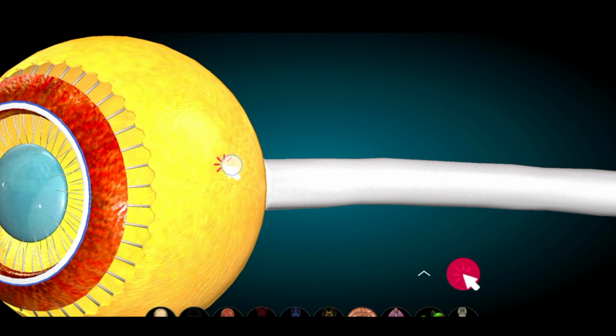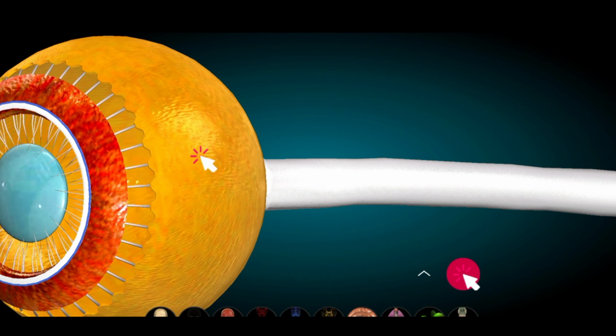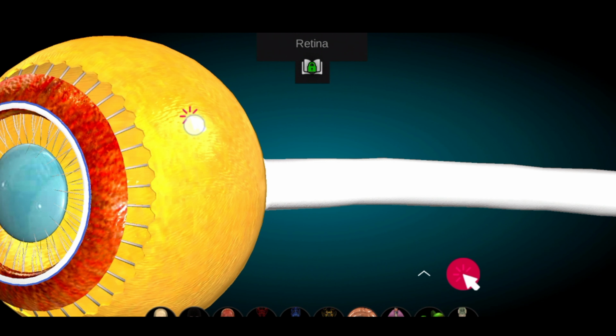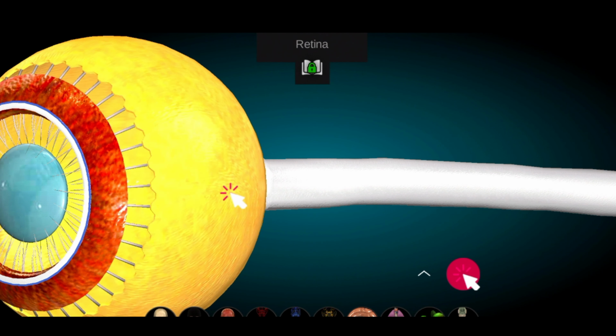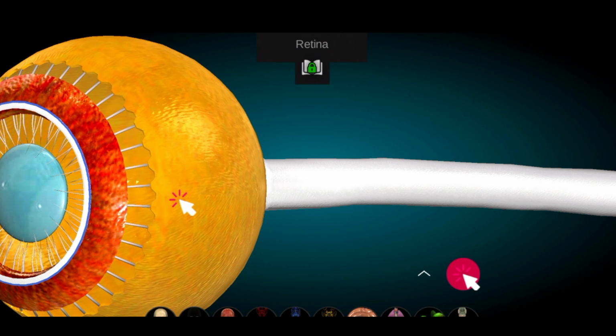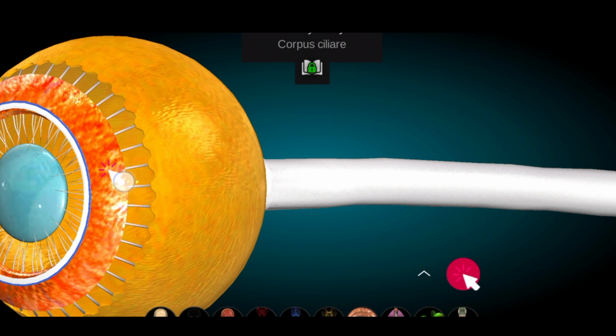This retina is a continuation of the forebrain, and from this optic nerve the neurons give the supply here, and this transmits the impulse to the central nervous system for processing, so we can do further visualization. And here you can see these are the ciliary bodies.